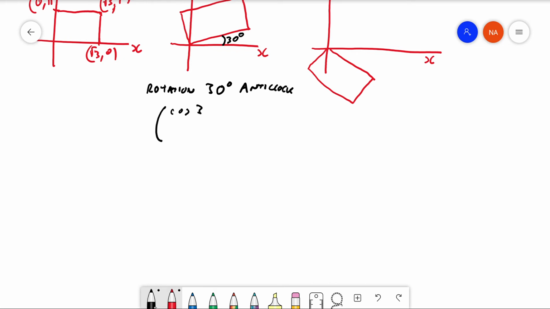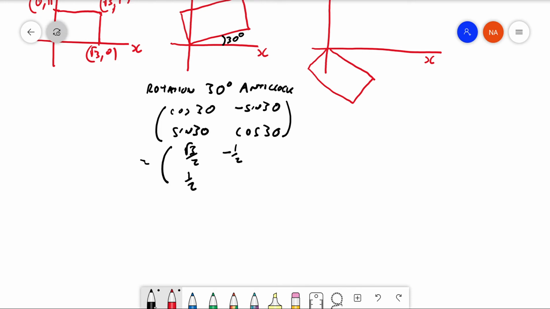Cos 30, negative sine 30, sine 30, cos 30. And that is, because we can look up those things, root 3 over 2, half, negative half, root 3 over 2. So that's our rotation matrix.